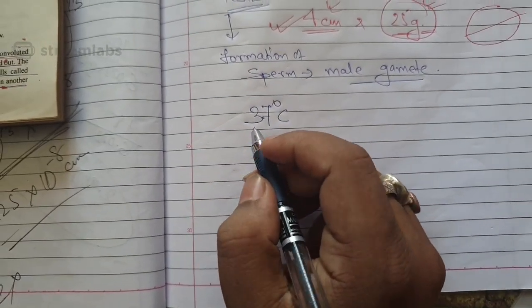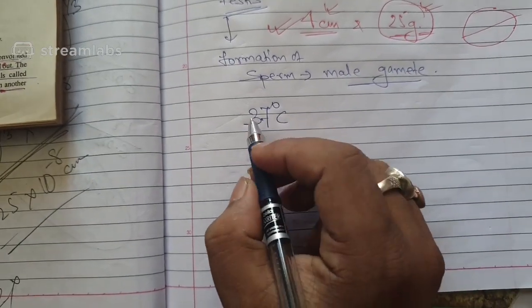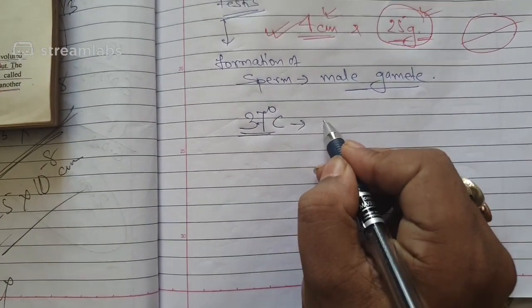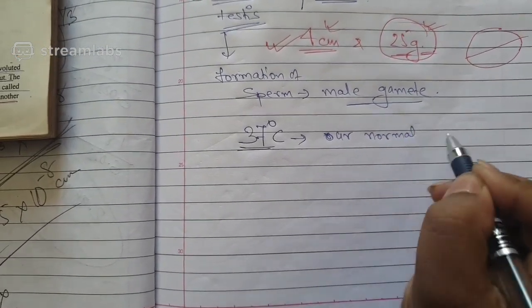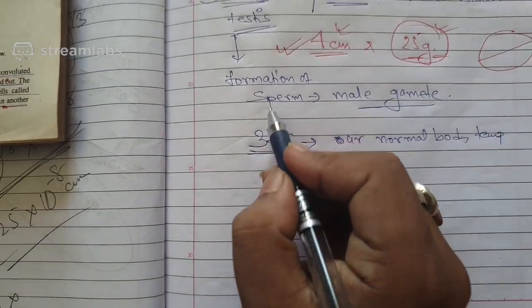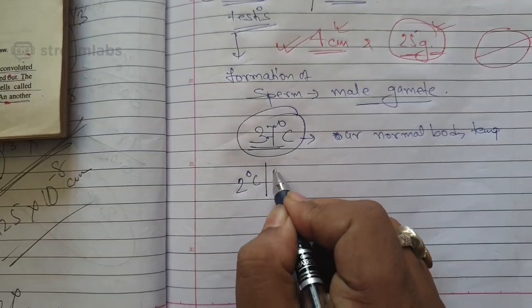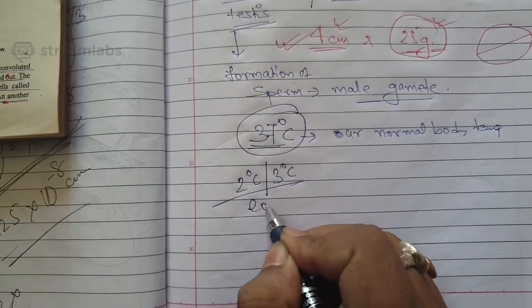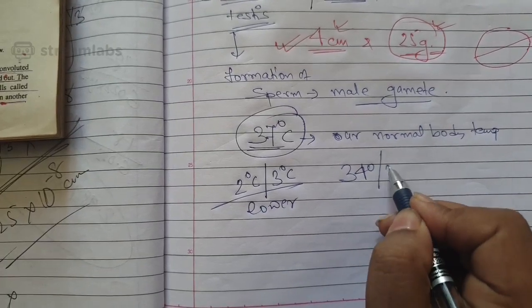37 degrees Celsius is our normal body temperature, and the sperm formation does occur a few degrees lower, maybe 2 to 3 degrees Celsius lower. Okay, so it definitely happens at 34 to 35 degrees Celsius.